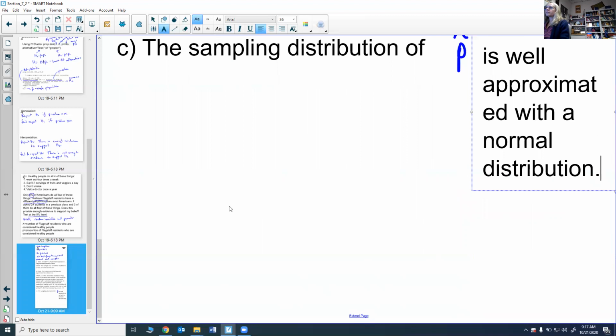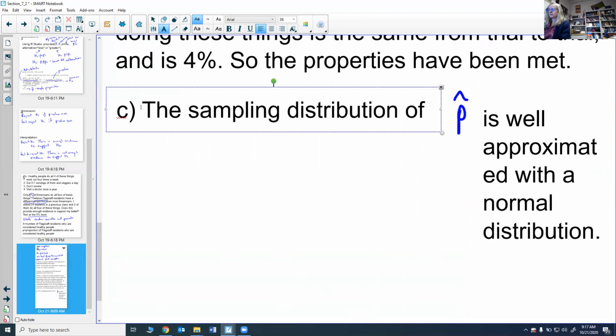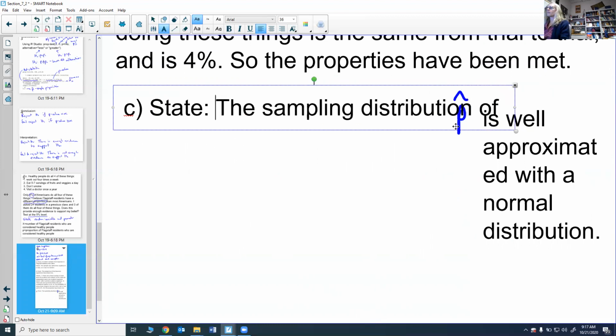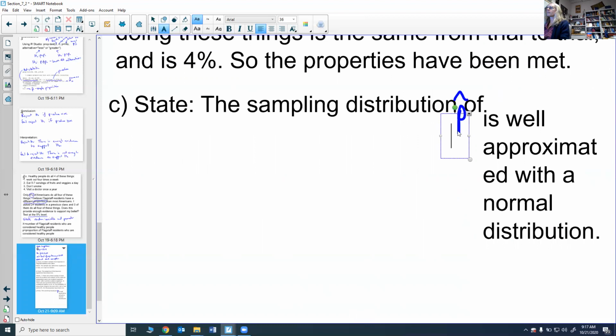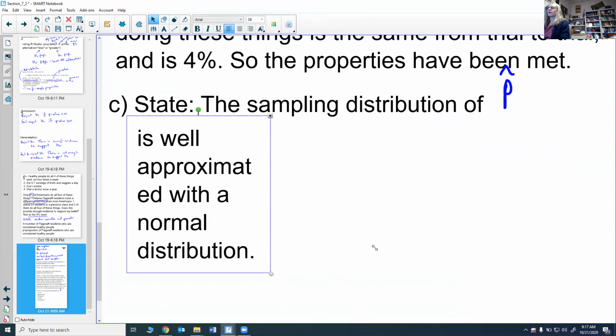And so this was the stating part. And now we're going to go ahead and do the check.